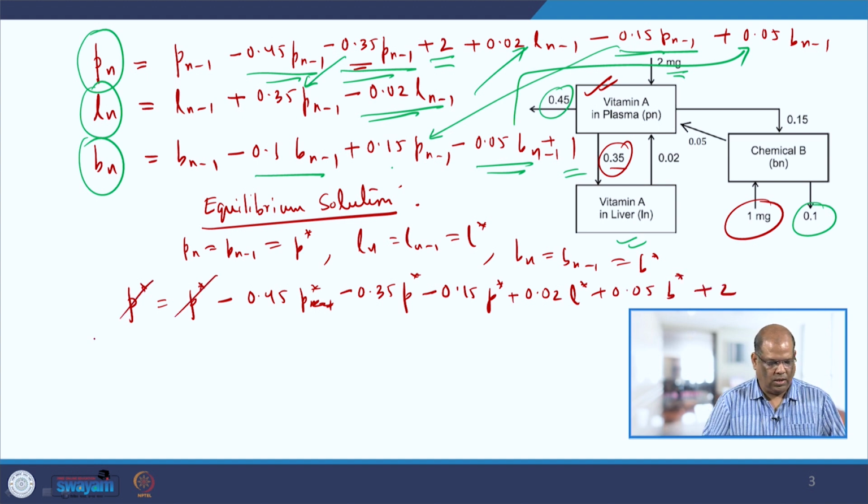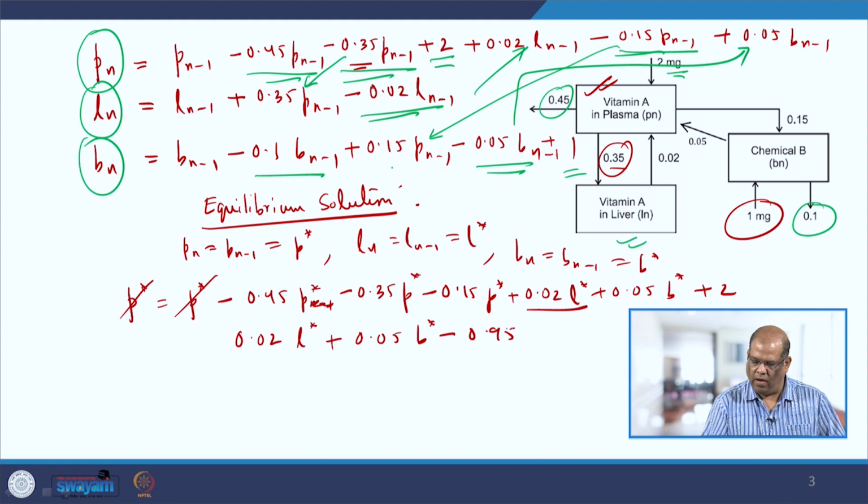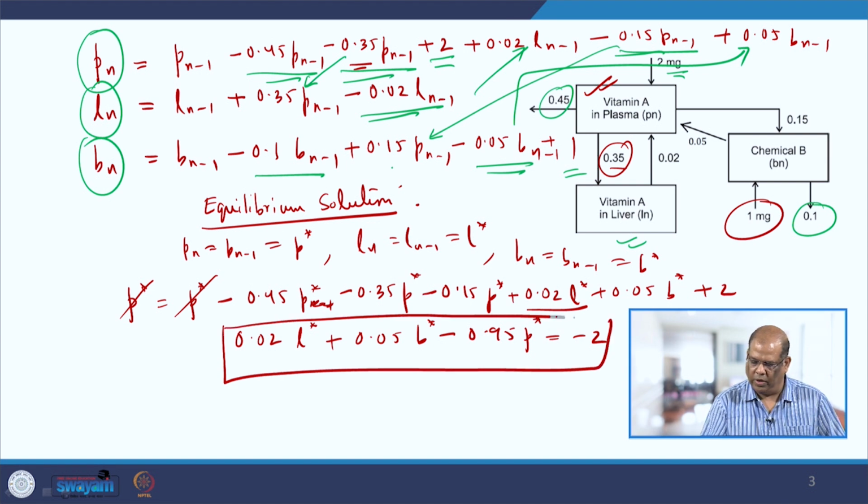So this and this cancels, and if you simplify, you will get 0.02 L star plus 0.05 B star minus 0.95 P star equal to minus 2. So this is one equation.